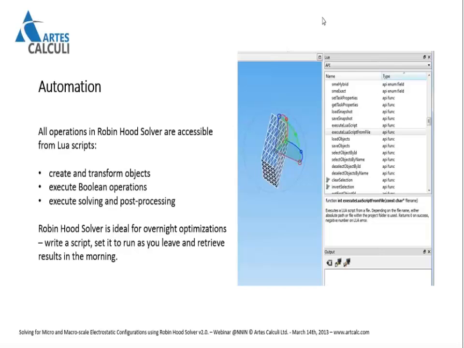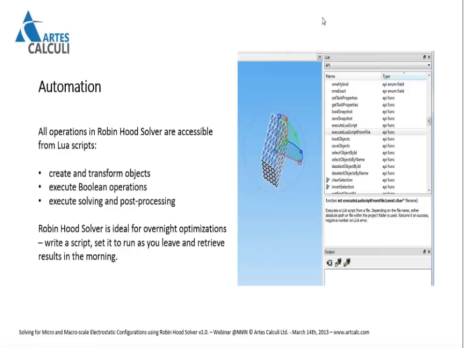We have included a simple script editor to write your script. Of course, you can use your favorite editor and then just copy and paste the script to Robin Hood solver. And we have also included a so-called Lua doc, which shows you functions inside the interface, so you can write your scripts more easily.